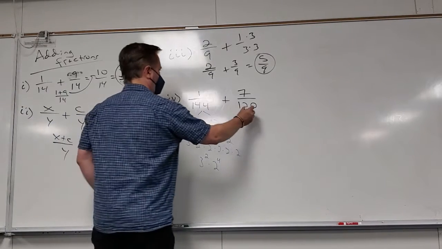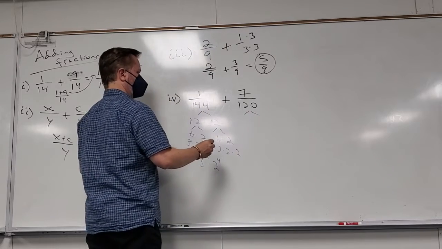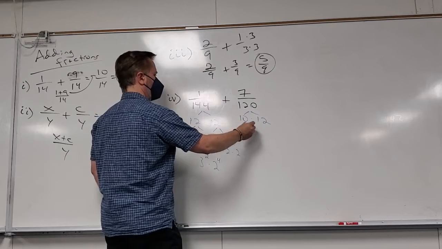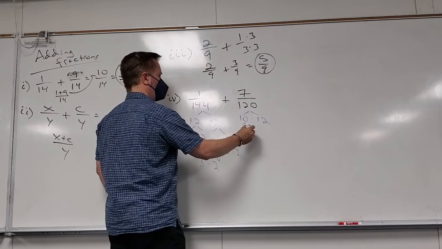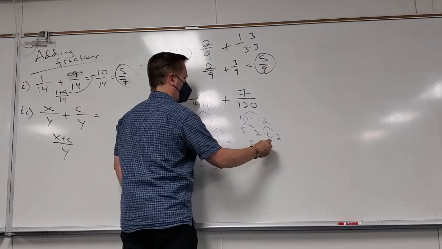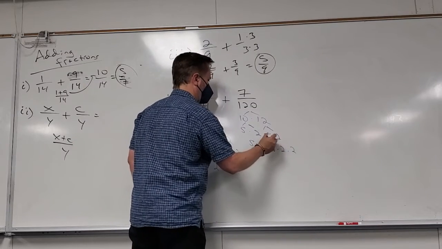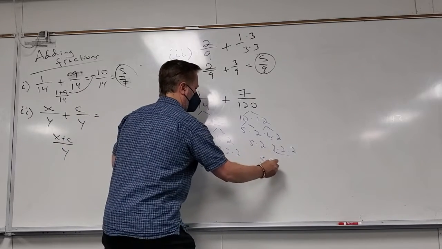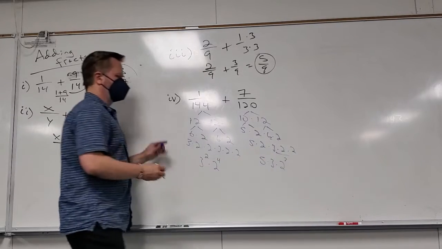And what's 120? 10 times 12. I like it. 10 is 5 and 2, 12 is 6 and 2, so then you get 5 times 2 times 3 times 2 times 2, is that cool? Which is 5 times 3 times 2 cubed, okay.